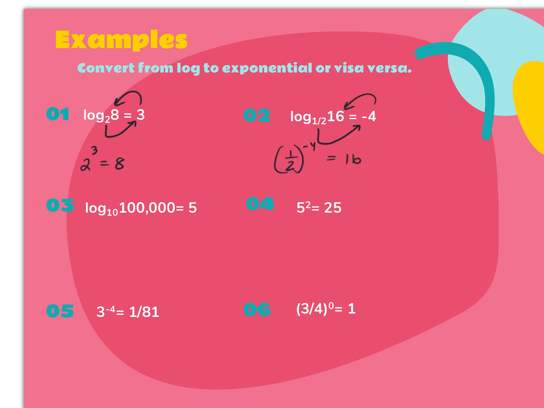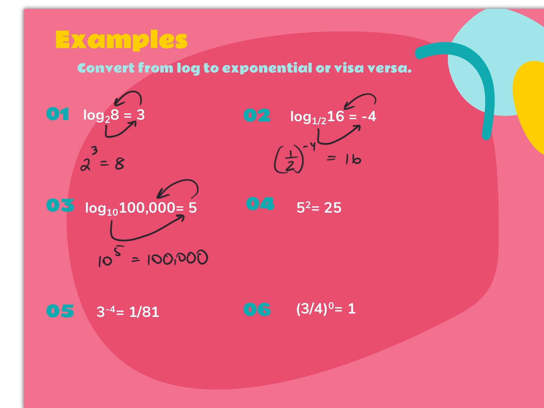And again, check yourself. Half to the negative 4th power is the same as 2 to the 4th, and 2 to the 4th is 16, and it works. Again, my base to this exponent equals this solution. 10 to the 5th power equals 100,000. Yes, it does. So this is how you go from a logarithmic function to an exponential function.